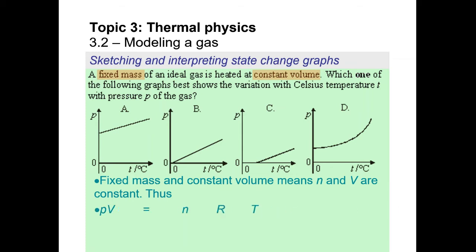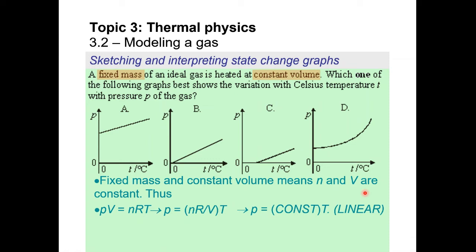Therefore, PV equals nRT, and we can write P equals nR over V times T. As our y-axis is P, our x-axis is temperature. And n is constant, R is constant, and the volume is constant. That gives us P equals constant times T.